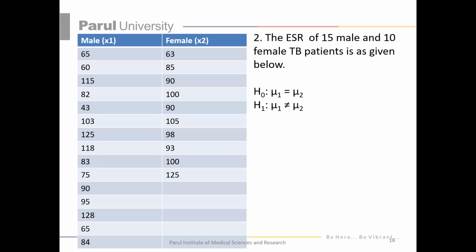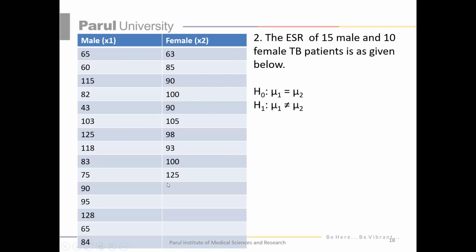Now let's see the second example. We have data of 15 male TB patients and 10 female TB patients, and the ESR of 15 male and 10 female TB patients is given below.